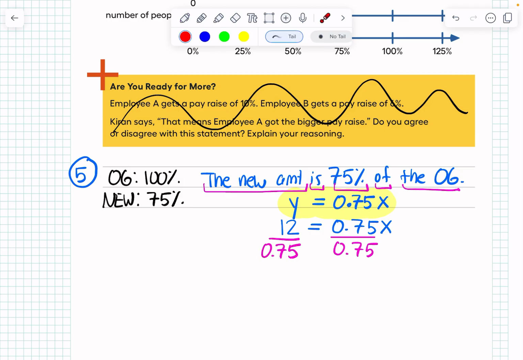As you can see, this equals 1. It'll cancel. I'm going to flip the x because I can, and it's okay. So 12 divided by 0.75 is $16. The OG price had to have been $16.